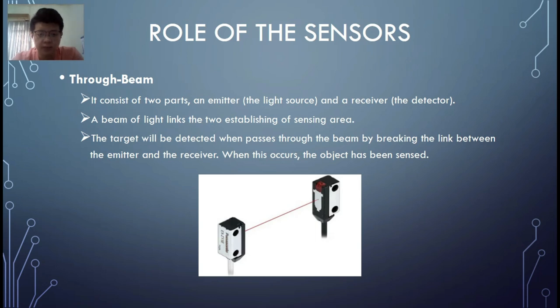The target will be detected when it passes through the beam, breaking the link between the emitter and the receiver. When this occurs, the object has been sensed and it is counted by the through-beam sensor. That's all from me, and I will pass it to my teammate for the next presentation.